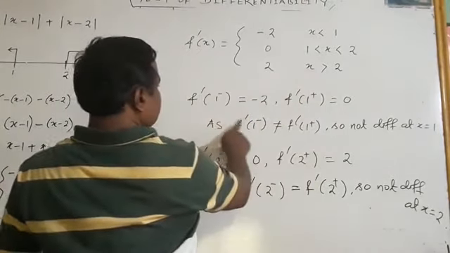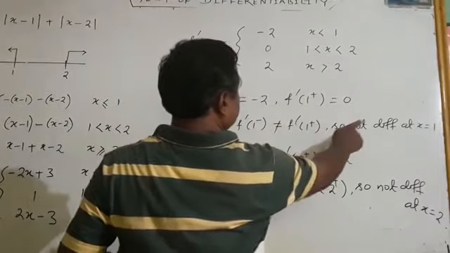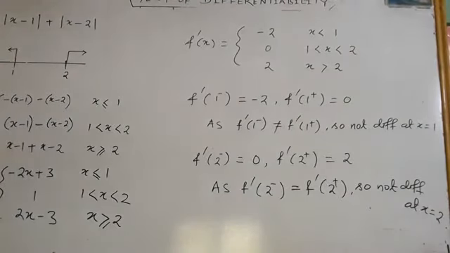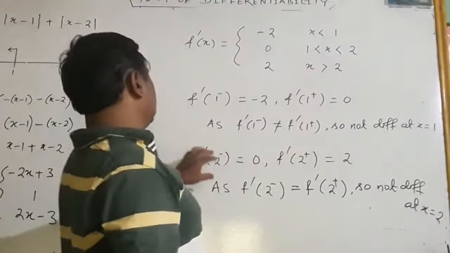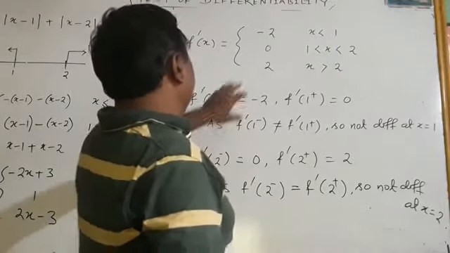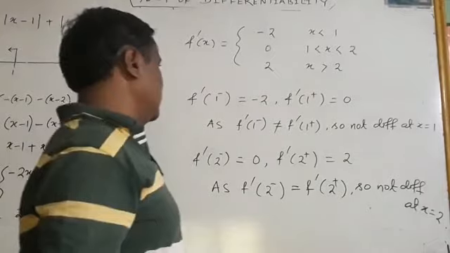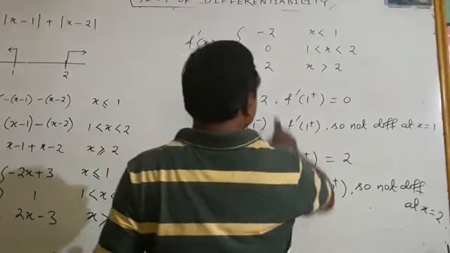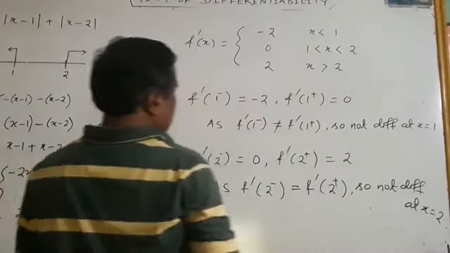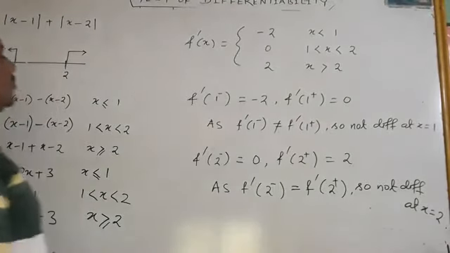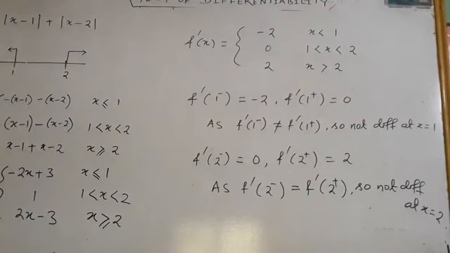So as f dash 1 minus is not equal to f dash 1 plus, the function is not differentiable at x equals 1. For x equals 2, f dash 2 minus is 0 and f dash 2 plus is 2. So f dash 2 minus is not equal to f dash 2 plus, and the function is not differentiable at x equals 2.